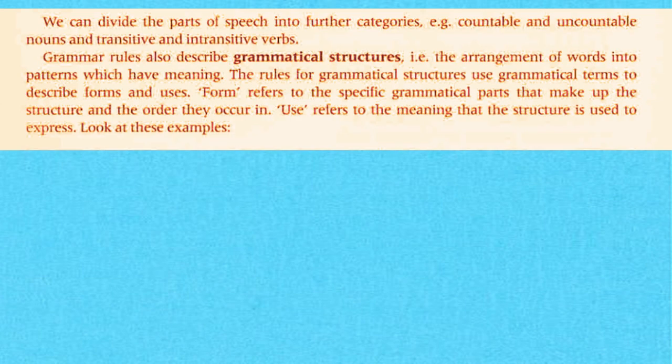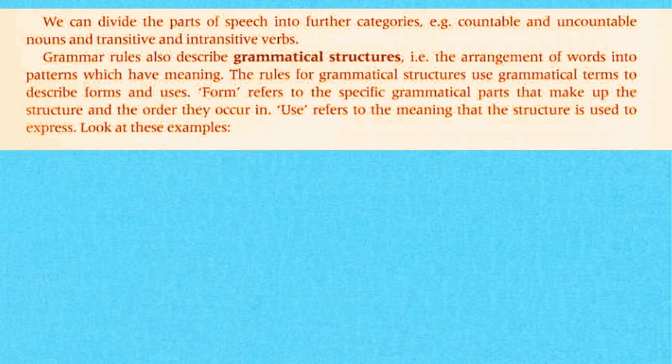We can divide the parts of speech into further categories. For example, countable and uncountable nouns, and transitive and intransitive verbs. Grammar rules also describe grammatical structures, the arrangements of words into patterns which have meaning.